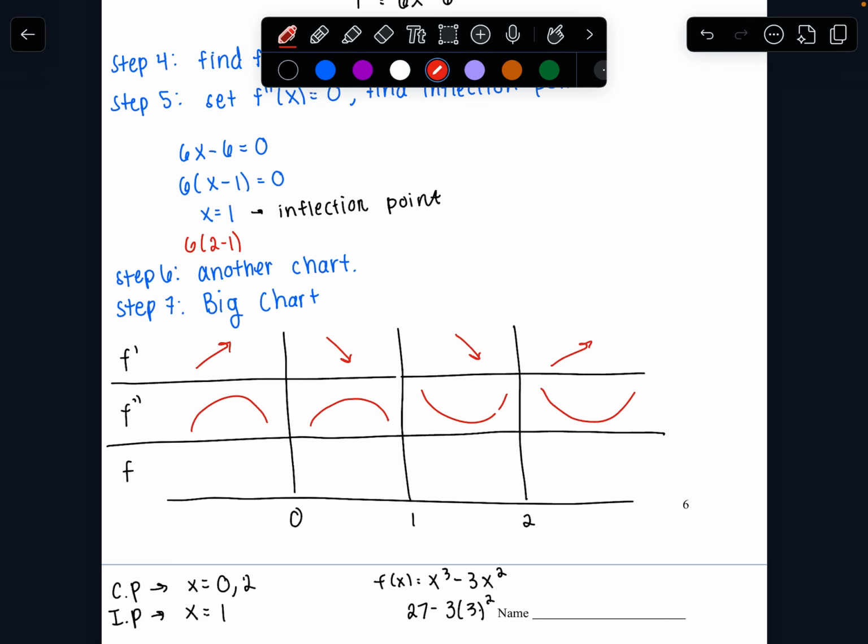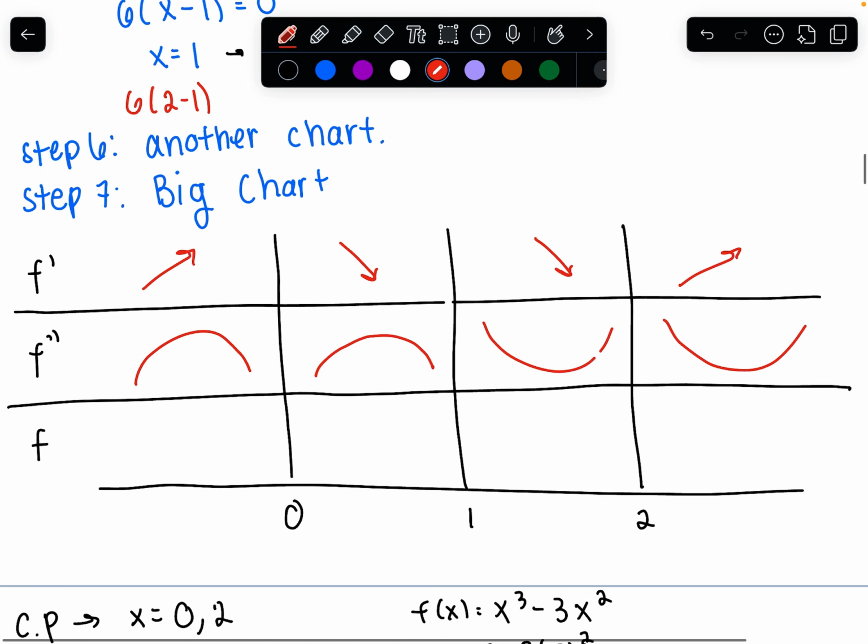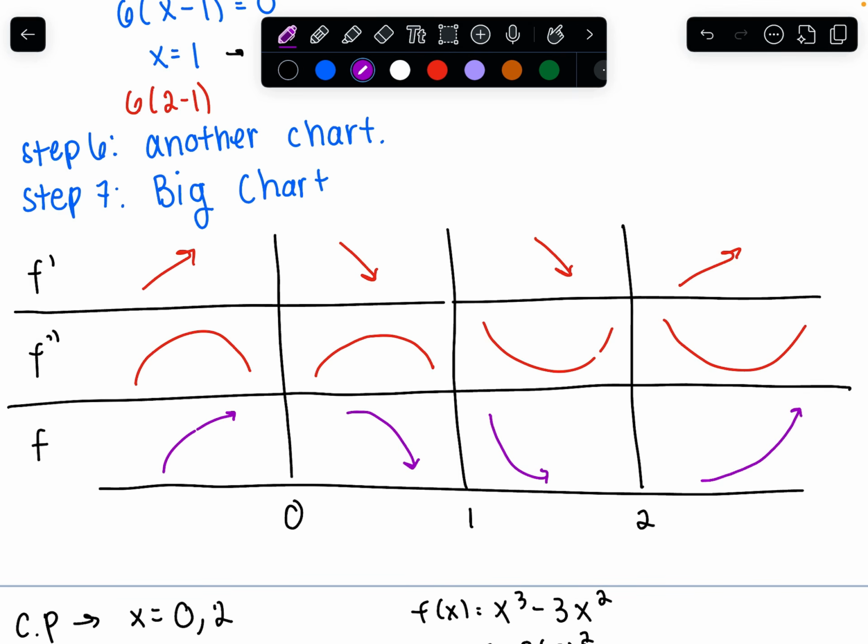Okay, so what we're going to do in this third column is we're going to draw what that looks like. We're going to draw what increasing concave down looks like, and that looks like this. And then we're going to draw what concave down decreasing looks like. And then we're going to draw concave up decreasing. And then increasing concave up.